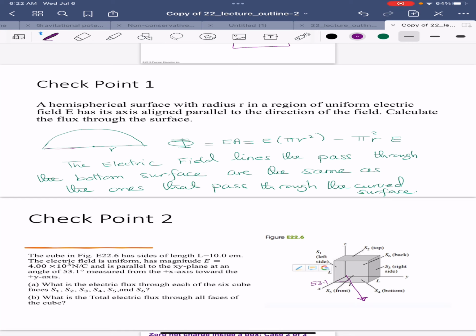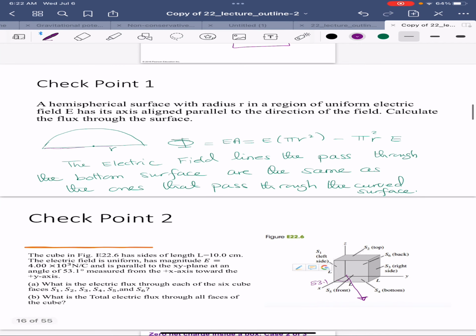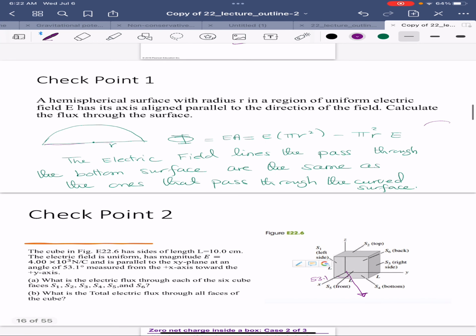The electric field lines that pass through the bottom surface are the same as the number that pass through the curved surface, and therefore I can use the area, because it's a circle, and I'm going to write pi r squared.